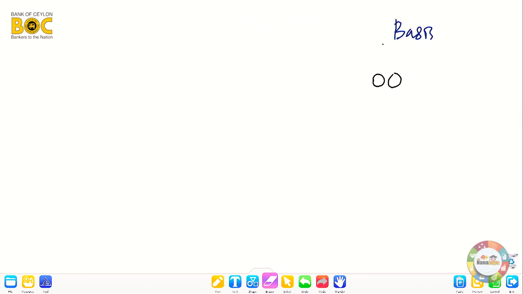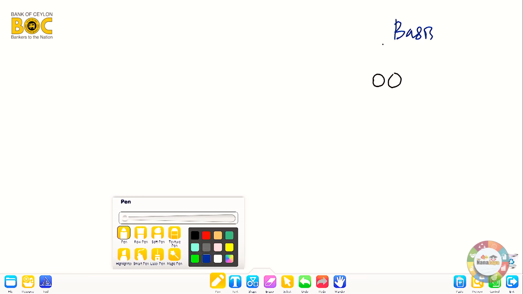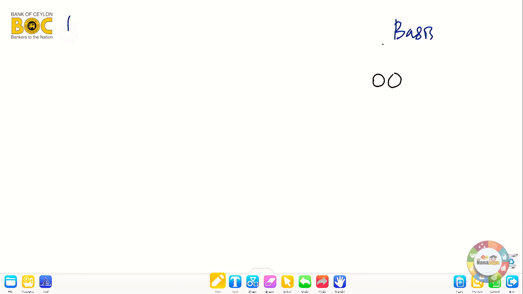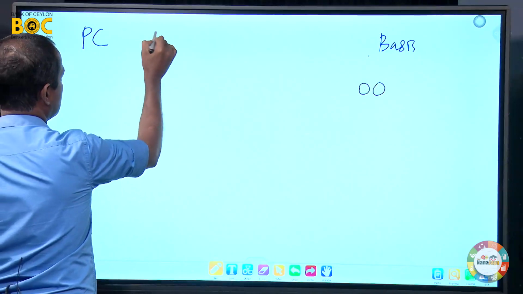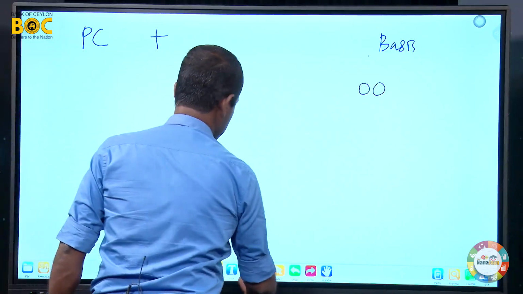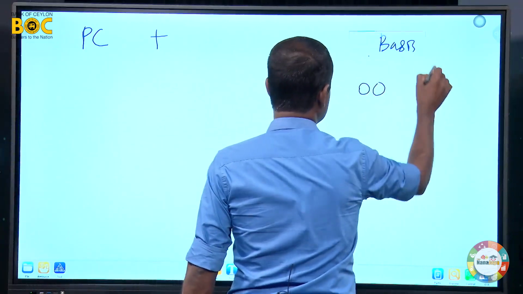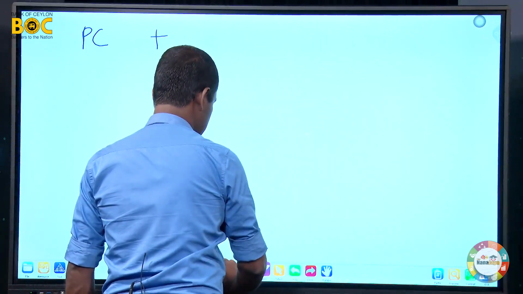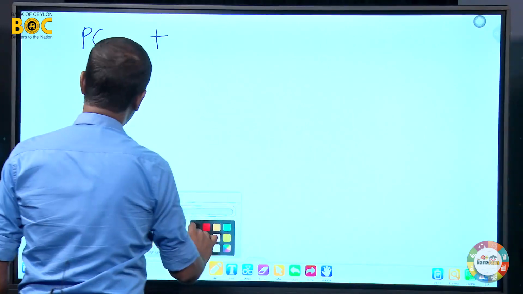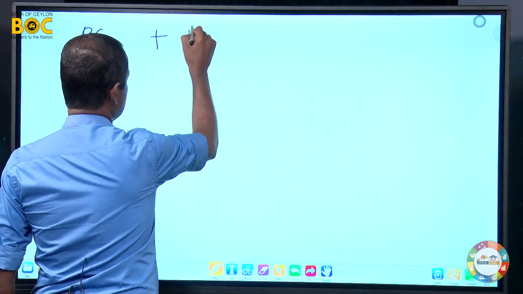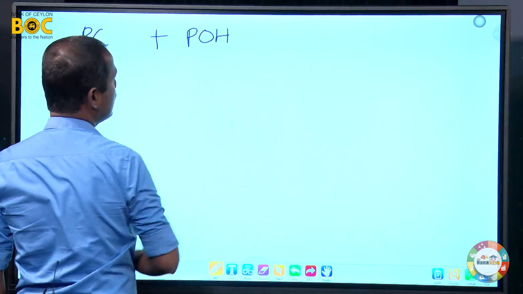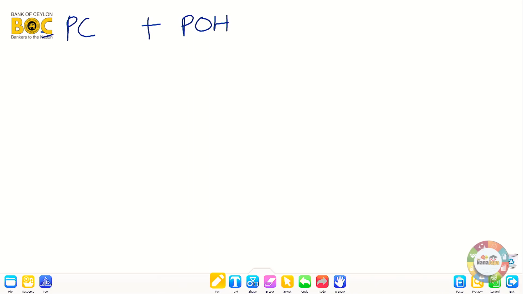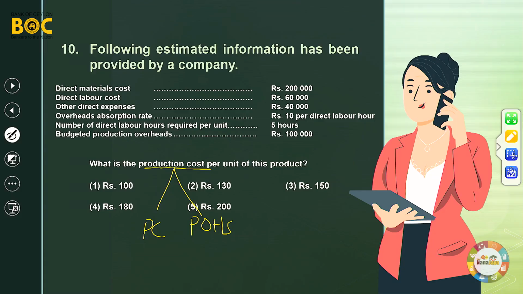How do you calculate the production cost per unit? It is the prime cost per unit plus the production overhead per unit. They want production cost per unit, which mainly consists of prime cost and production overhead.